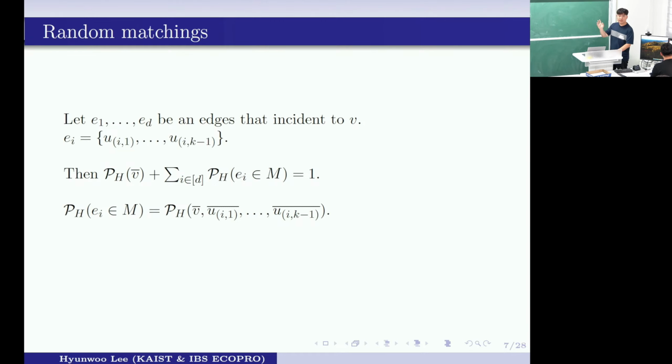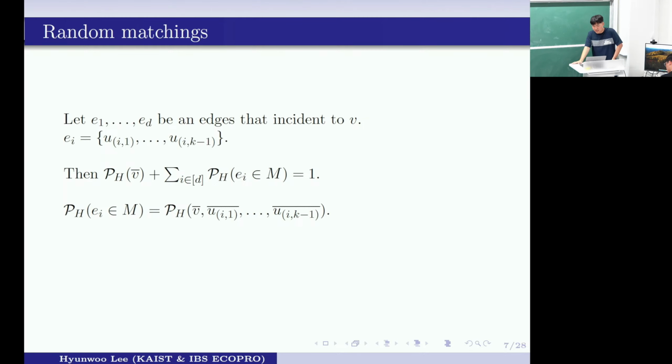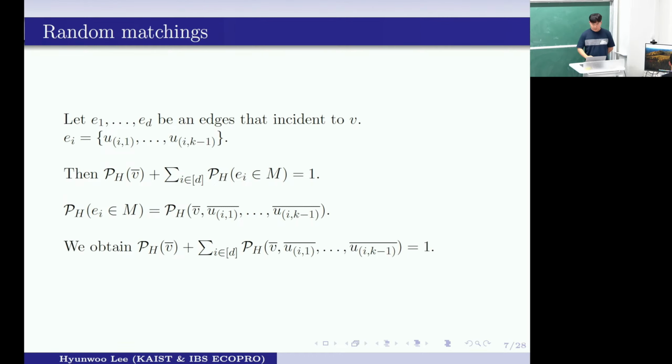If a random matching contains E_i, then we may remove E_i from the random matching, and it corresponds to the event that it does not cover the vertices v and u_{i,1} to u_{i,k-1}, and also vice versa. So this equality holds.